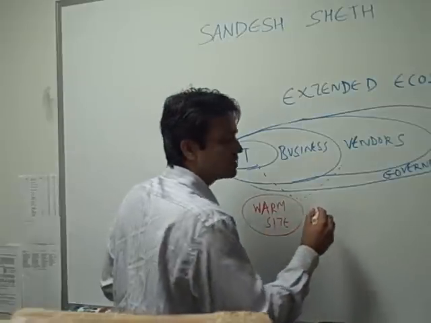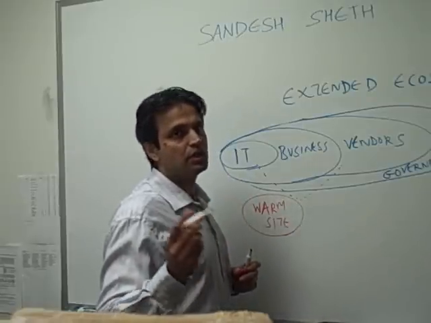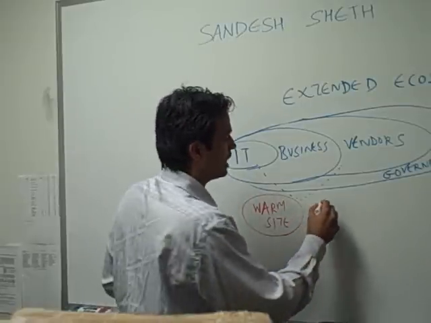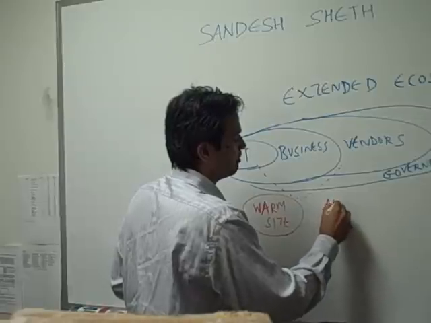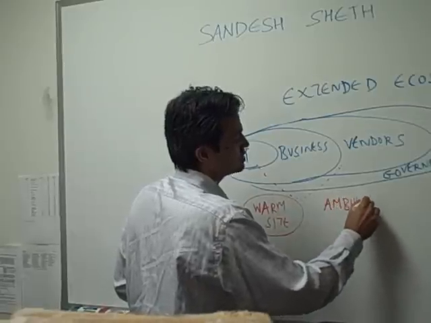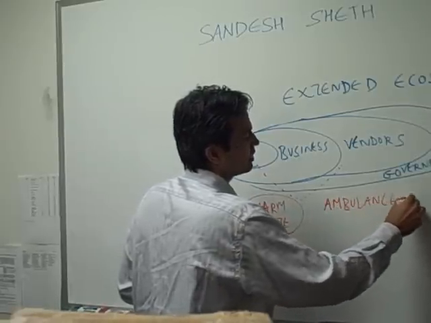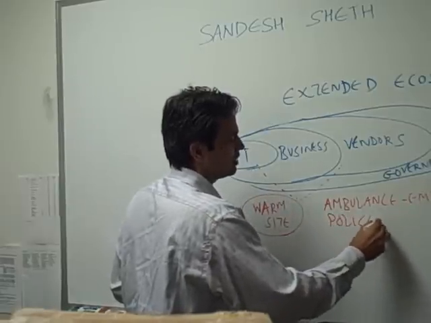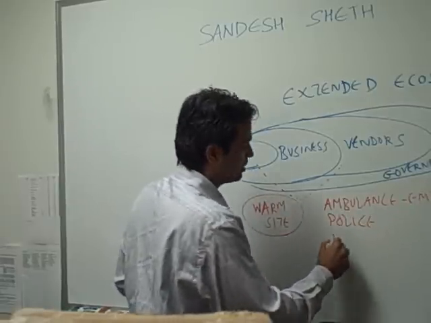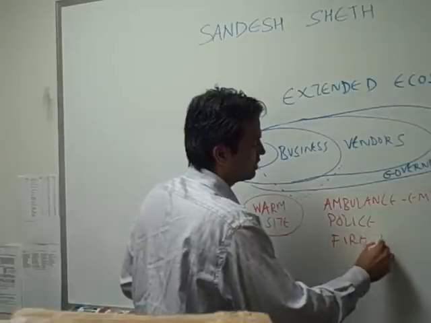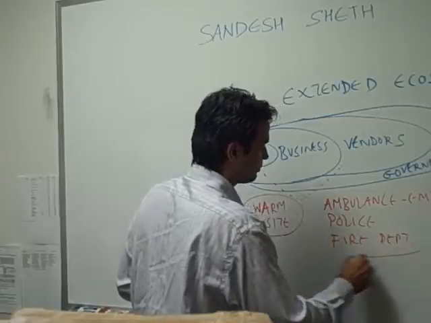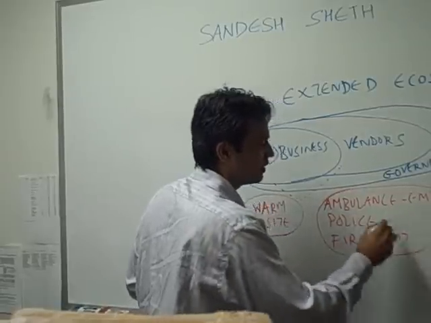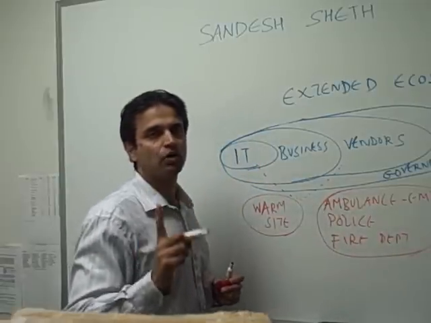We have the various emergency respondents. So we have the medical teams, the ambulance, the EMTs. We have the police, and then we have the fire department. They also form part of the scope.